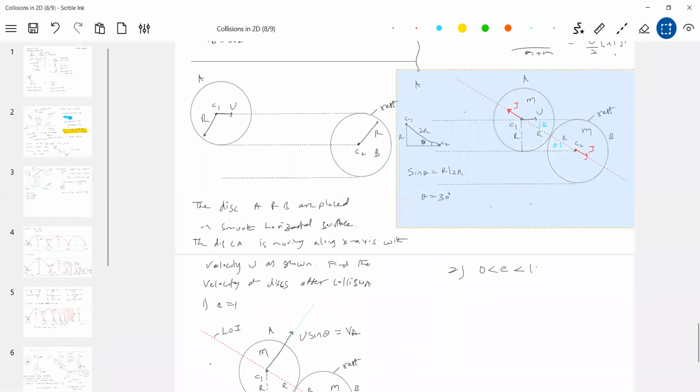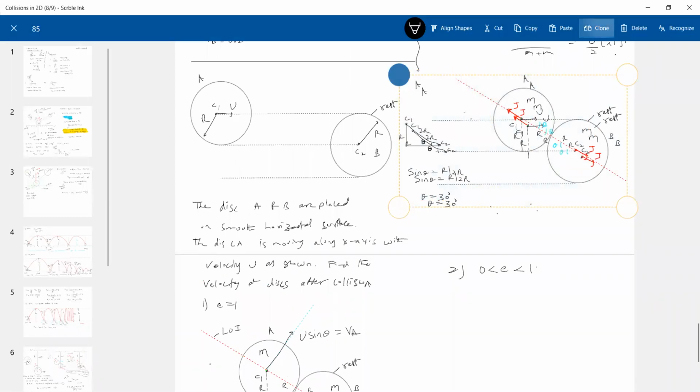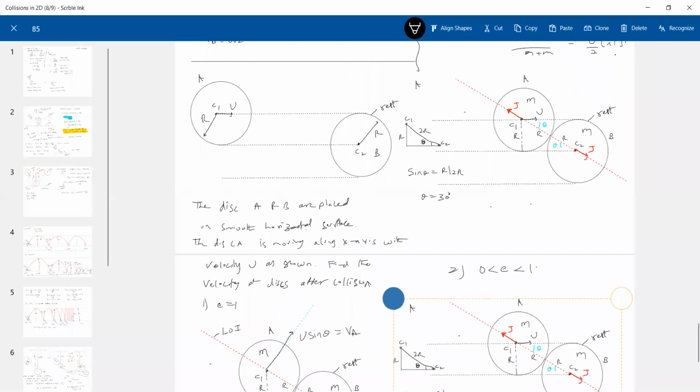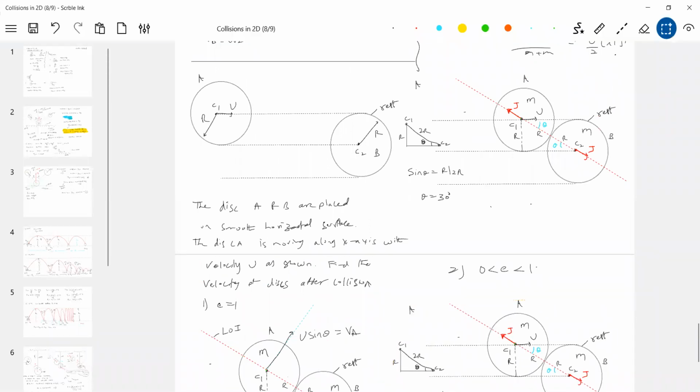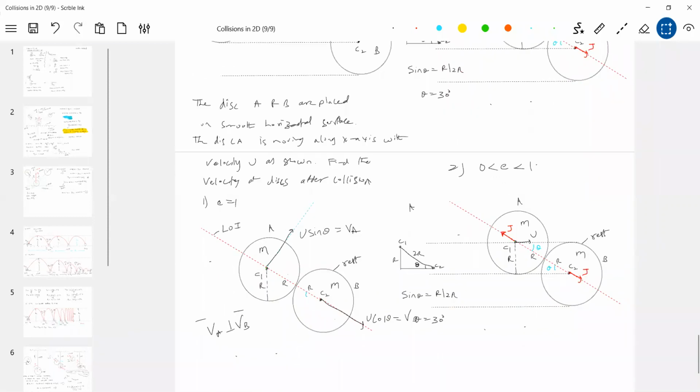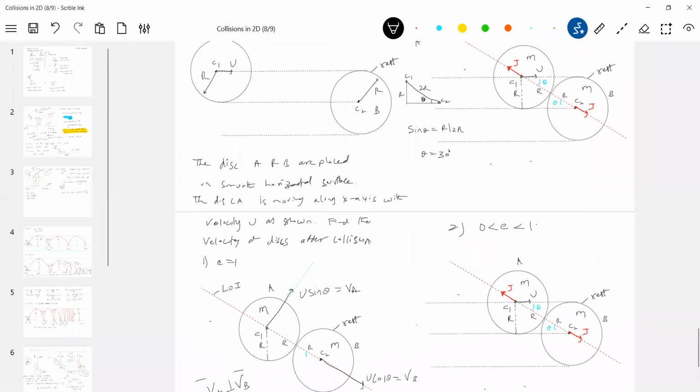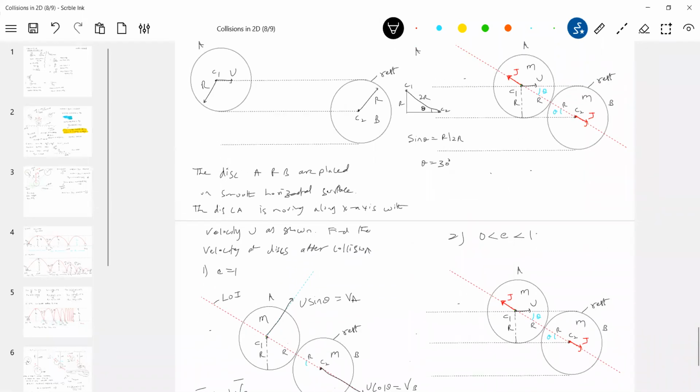Let me take the total here. And then this one I'll erase. Now see things clearly. I kept two diagrams in front of you. So this impulse also I'll take out.